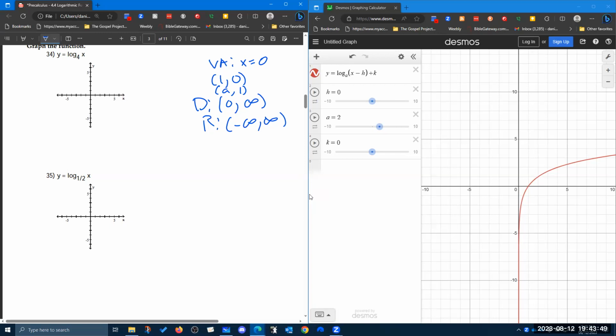So we can just go ahead and put a is 4 in here. And there's our graph. It's going to go through (1, 0), and it's going to go through (4, 1), right there. Those are the characteristic points, and it's going to have its vertical asymptote at x is equal to 0.